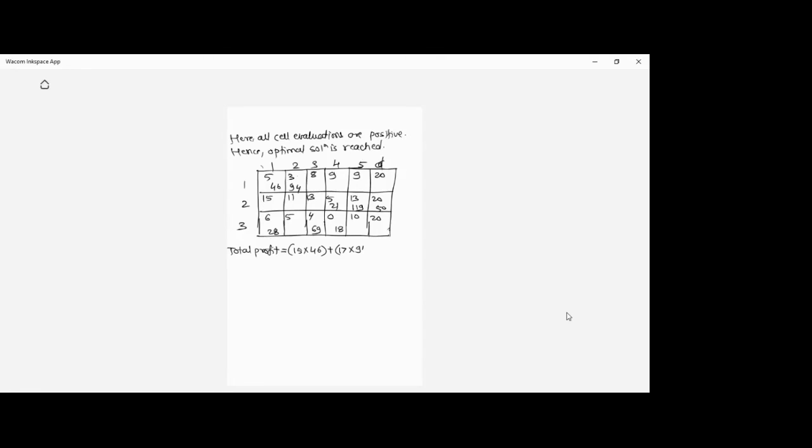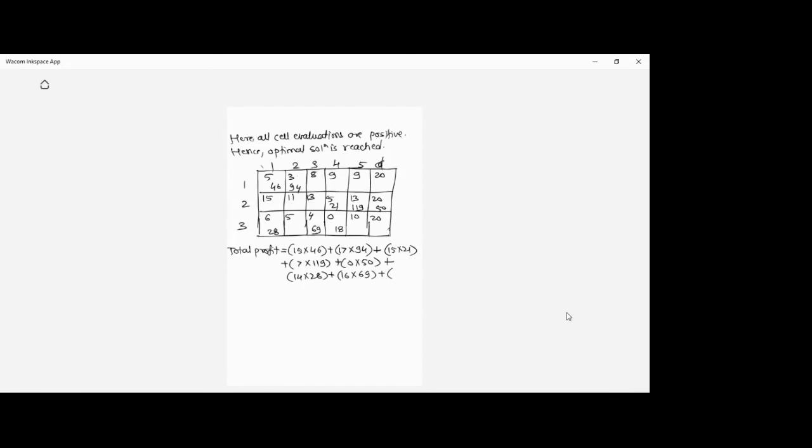So 17 into 94 plus previously we allocated here it is 5. So it is 15 into 21 plus 7 into 119 plus, so here it is 20 minus 20 is 0. So 0 into 50 plus 6, it is 14 into 28 plus 16 into 69 plus, no, it is 0 here.